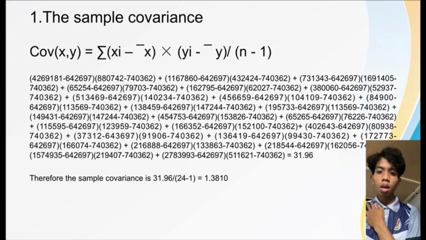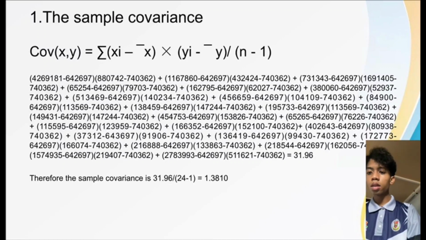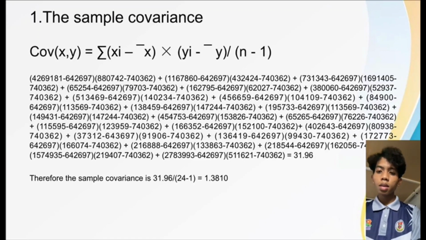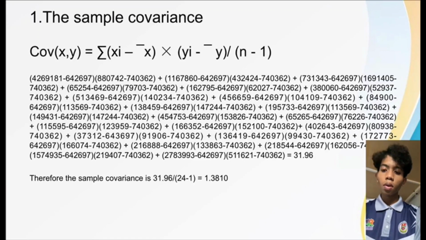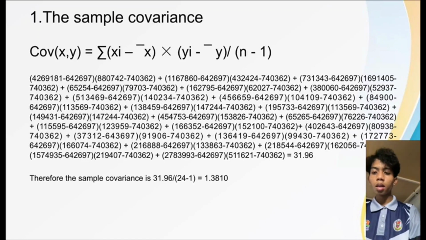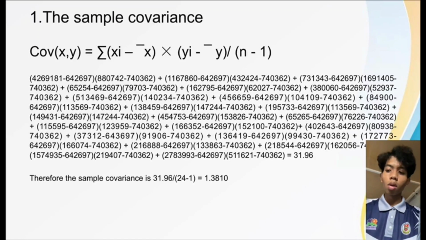we will use the data from the table that is given, and the final answer is 61.96. Therefore, the sample covariance is 61.96 divided by 24 minus 1, which equals 1.3810.